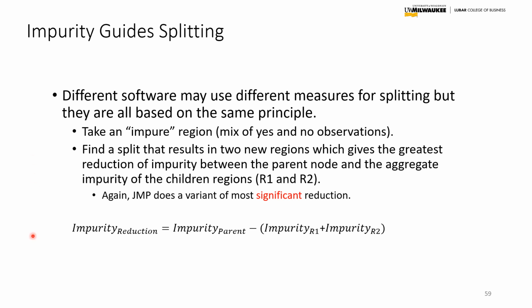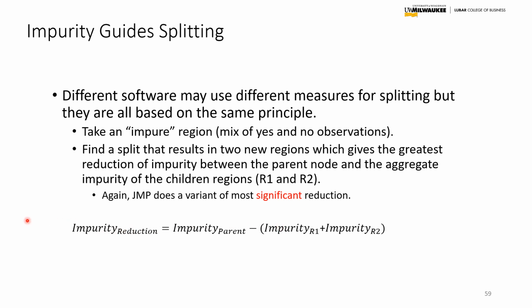Let's look below here. We have the impurity of the parent minus, after the split occurs, the aggregate impurity between the two children. We'll sum up this aggregate impurity, look at how much of a drop there has been, and that's the impurity reduction. And we're going to look at different split points that will give us the greatest impurity reduction.